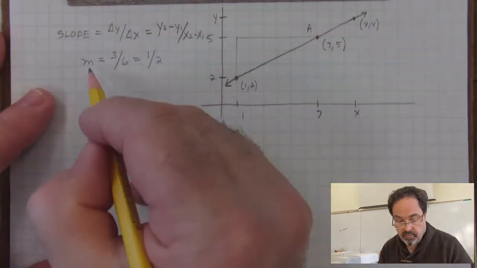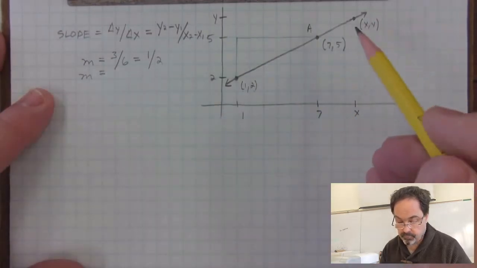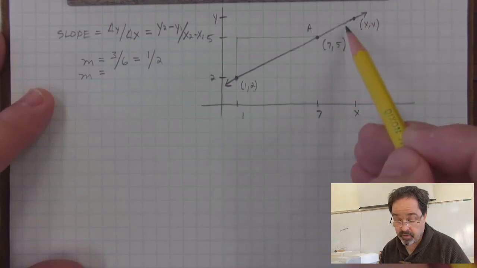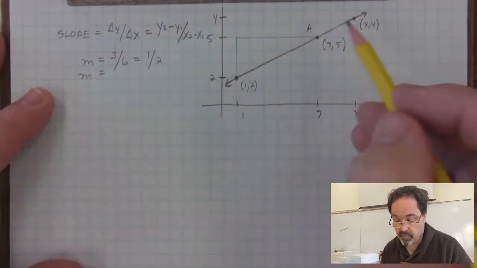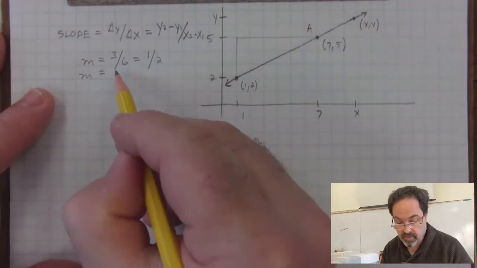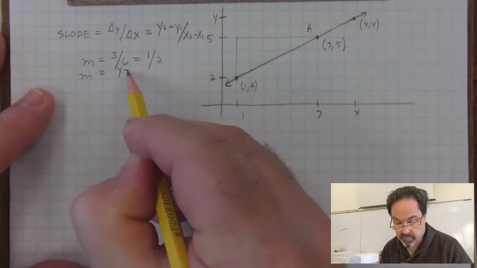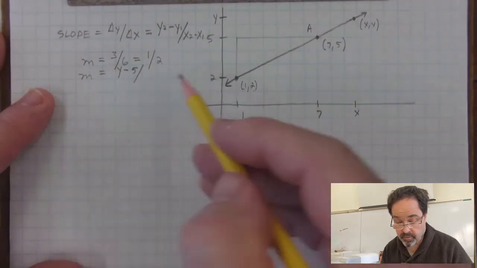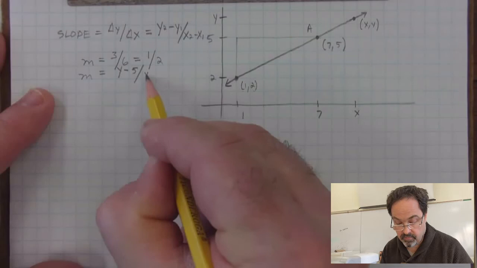I'm going to calculate the slope between point A and any generic point x, y. I could express that slope between these 2 points as the y coordinate minus 5, the difference in y between these 2 points, divided by the difference in x, or x minus 7.